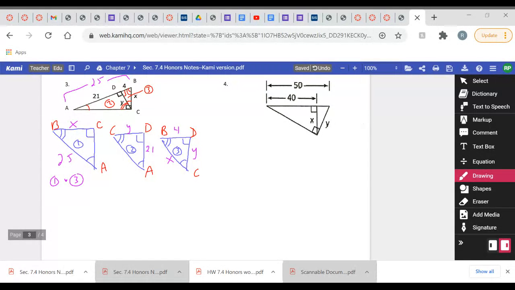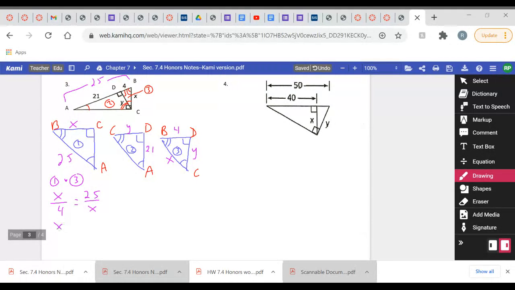If I go x from the big triangle, which is BC, over 4 of the little triangle, which is BD, because they correspond with each other. They're both between the 90 and the 2 mark. Then if I come back to the big triangle, triangle 1, there's a 25, and it's between the 1 and the 2 mark. And so on the little triangle, it corresponds with the x, which is between the 1 and the 2 mark. Okay, so once I set that up, now I can cross multiply.